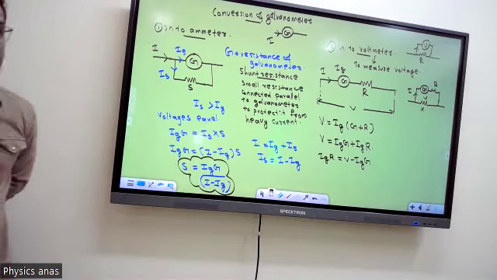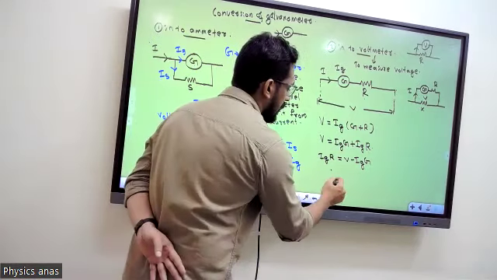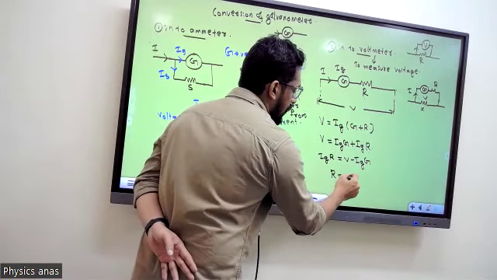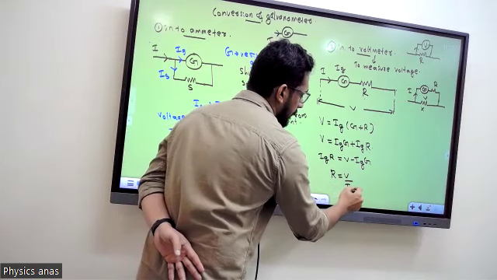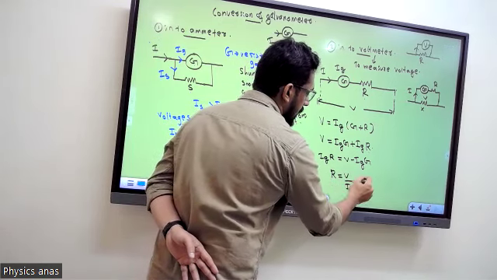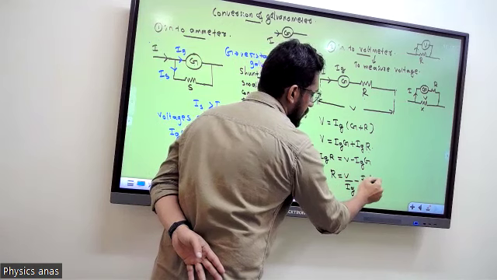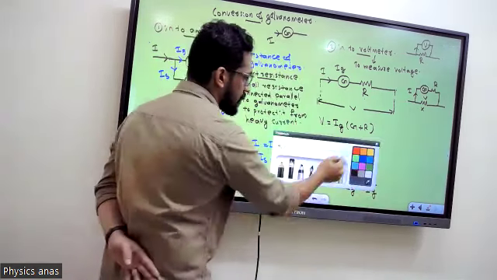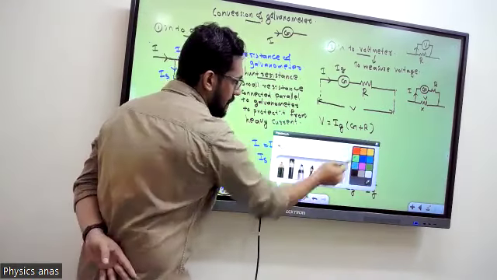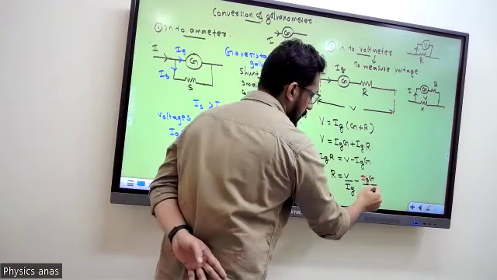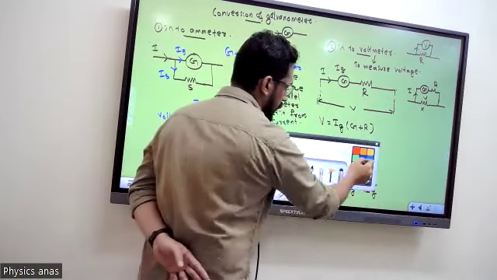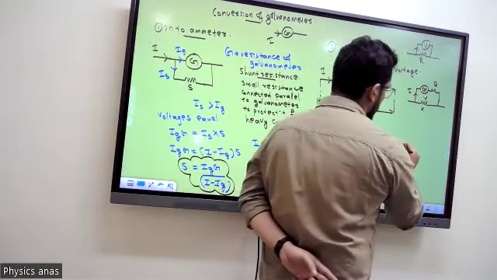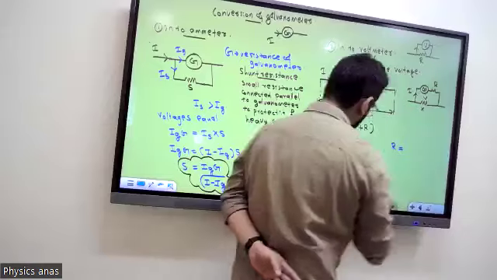Right? Then what is the value of R? R is equal to V by Ig minus IgG divided by Ig. Now this Ig will be gone from the equation, and you are left with the equation for R. What is the equation for R?